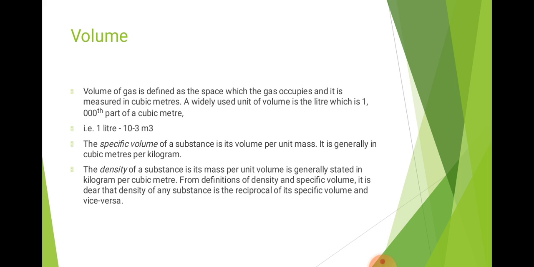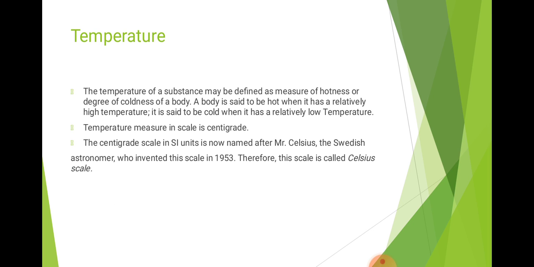Now moving forward, the next property is temperature. So what is meant by temperature? First we understand the definition. The temperature of a substance may be defined as a measure of hotness or degree of coldness of any body. A body is said to be hot when it has a relatively higher temperature. It is said to be cold when it has a relatively low temperature.